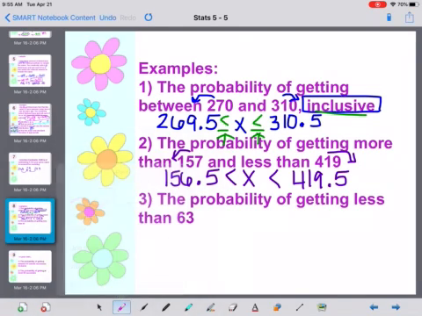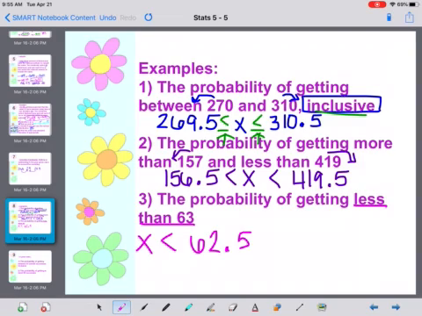This one just has one term, so it's just less than: the probability of getting less than 63. So you have to think we're going below 63, so it's going to go down to 62.5, and X has to be less than 62.5.